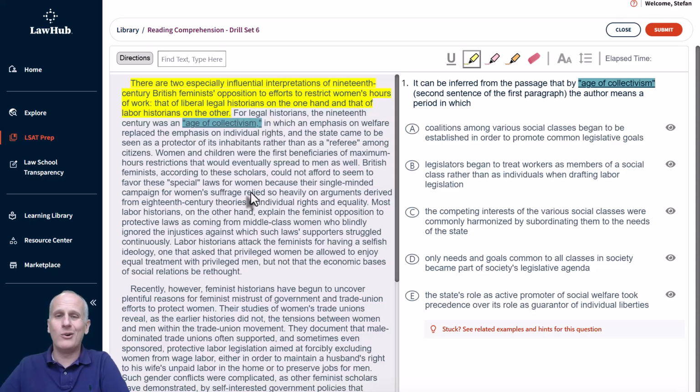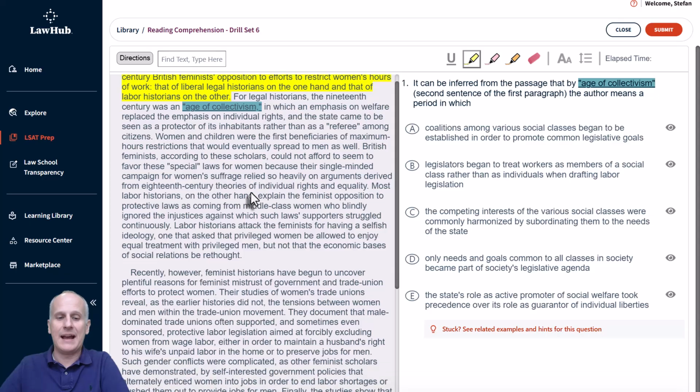We don't want to overemphasize any one aspect of that relatively dense prose. We just know that we're going to get the two interpretations of 19th century British feminist opposition to efforts to restrict women's work hours. And they come from liberal legal historians and labor historians.